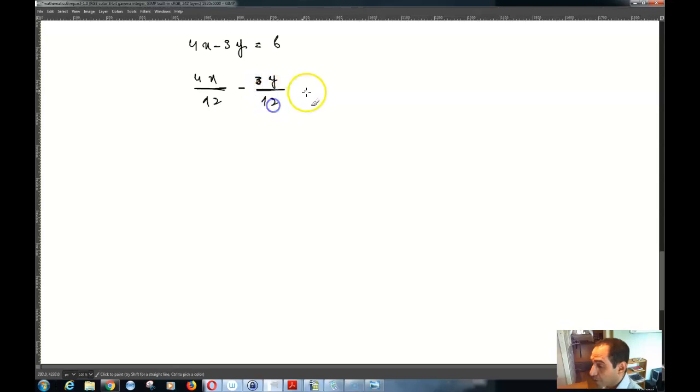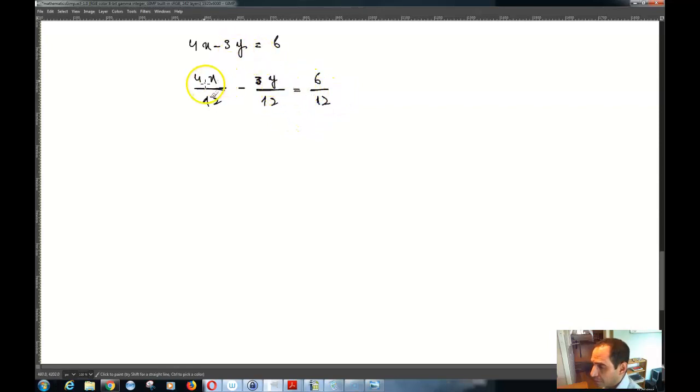The second one over here, we have another equation, for example, 4x minus 3y is equal to 6. So if I divide by 12, for example, 4 times 3, I get 4x divided by 12 minus 3y divided by 12 is equal to 6 divided by 12.